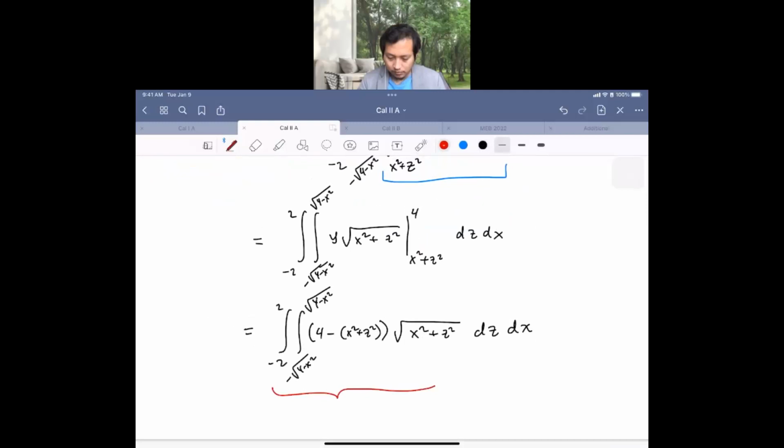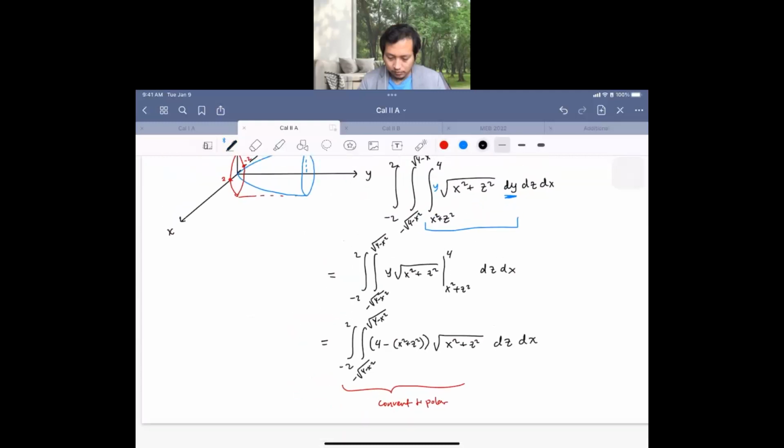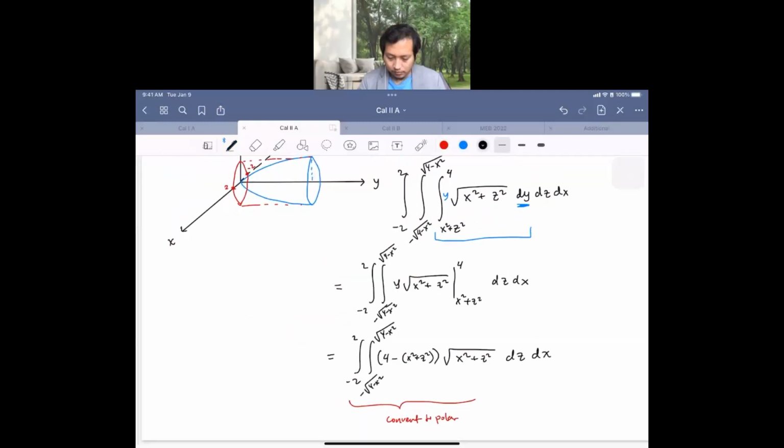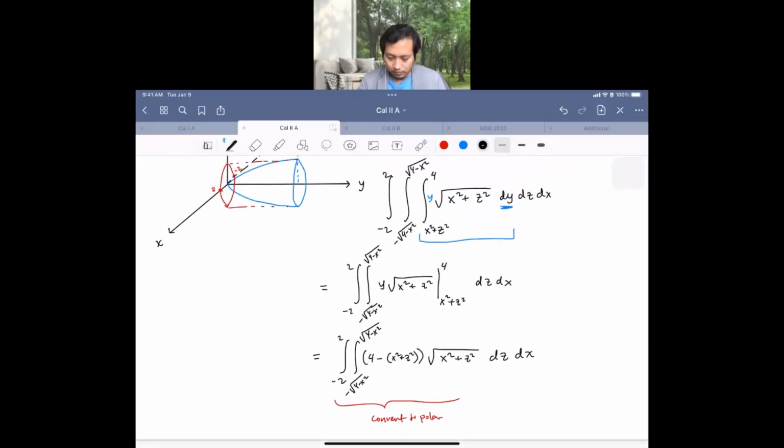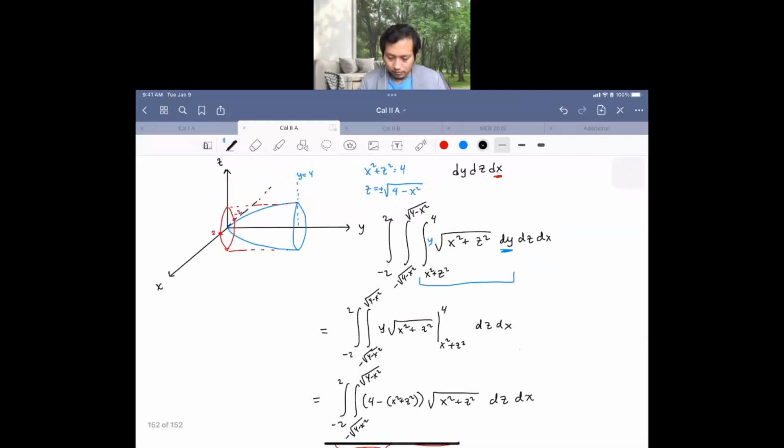Now, from here, we can convert to polar. So if we see that the polar will have the circle x squared plus z squared equal 4. So r is from 0 to 2, and theta is from 0 to 2 pi.